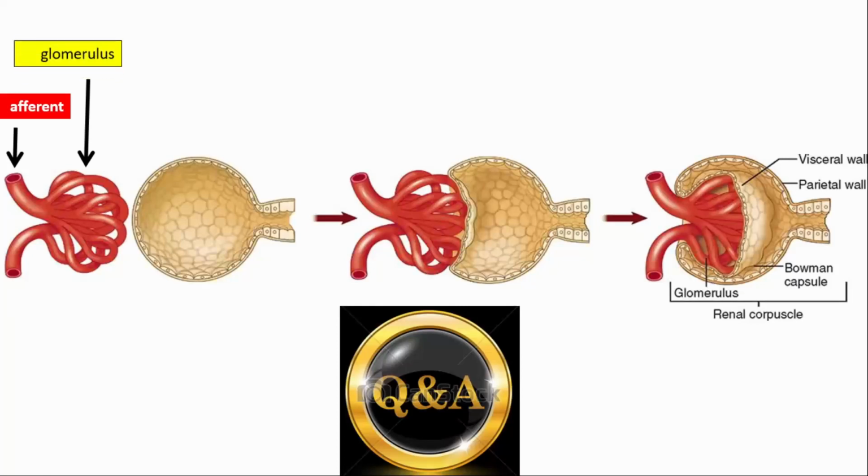And this tuft of capillaries is called the glomerulus. These arterial capillaries will not change to venous capillaries as in other capillary beds.